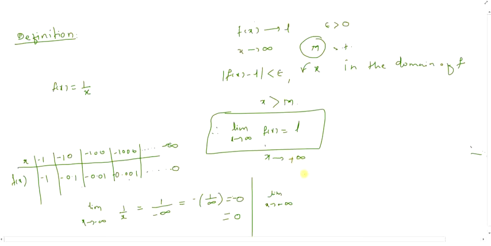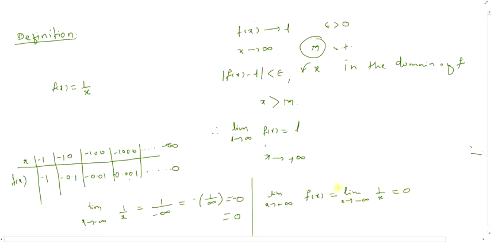We use this sign, this suffix, if we have a right hand limit or left hand limit. Remember this: if x takes positive values, we say that x tends to plus infinity, and if x takes negative values, then we write x tends to minus infinity of f(x), and if that f(x) is 1 by x, then it is equal to 0.